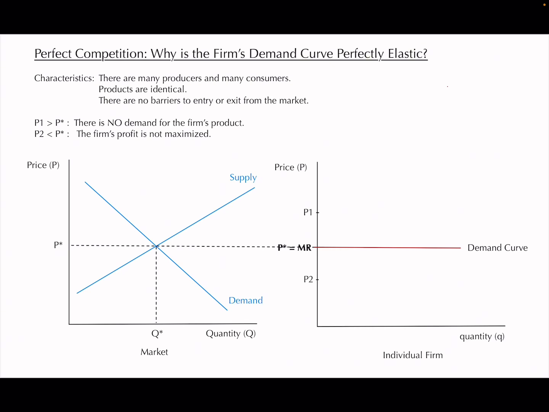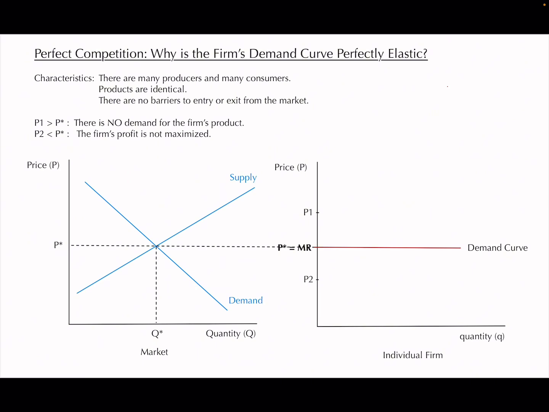Now, you may be asking, why is this demand curve perfectly horizontal? This is because the demand is perfectly elastic. To find the reason why the demand curve is perfectly elastic, we must recall the characteristics of perfect competition we mentioned earlier.